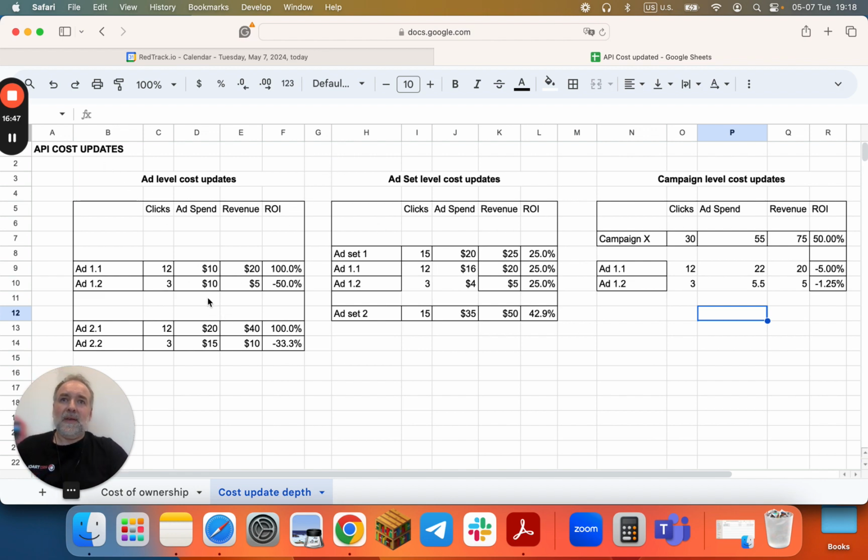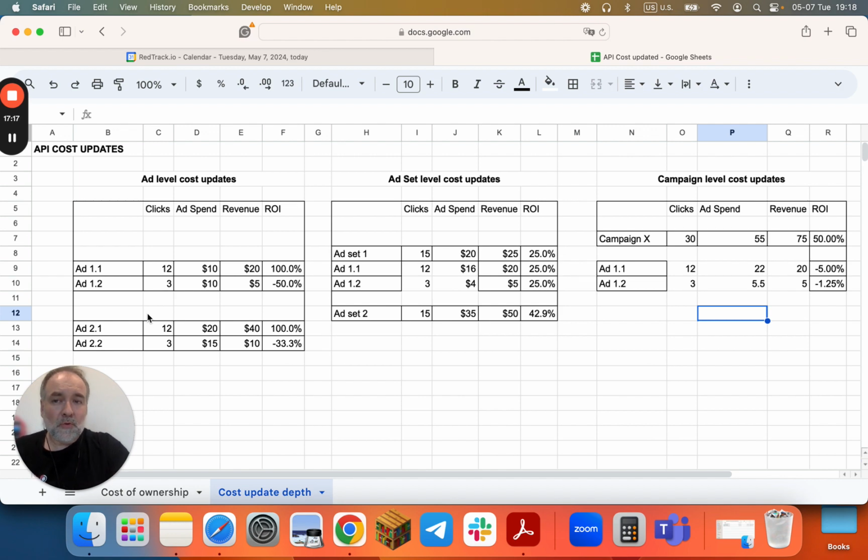And this is the information that other trackers either don't share openly or say, yeah, we do campaign level by default. You don't want campaign level cost updates. They really mislead you a lot, depending on your numbers. This one you can at least bypass by having one ad per ad set. This is the right way to do things.